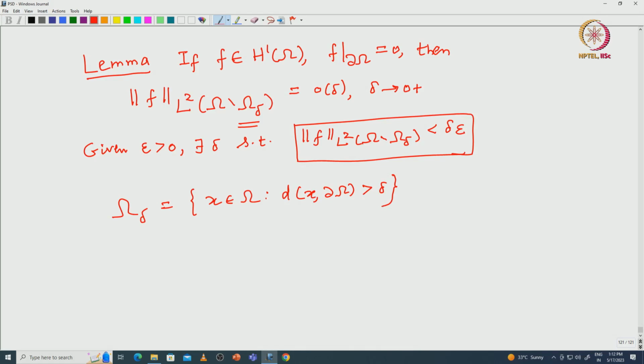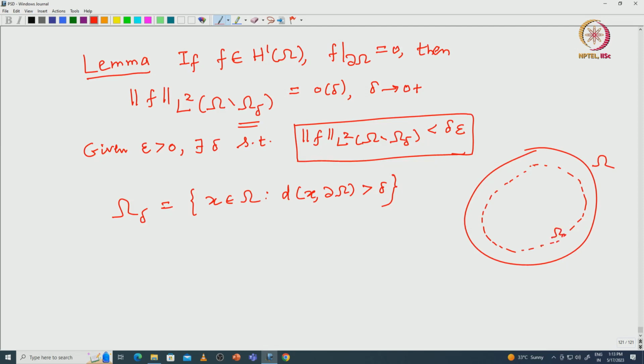For example, if we take Ω, this is almost like concentric circles or spheres. This is Ω_δ and this distance is delta.